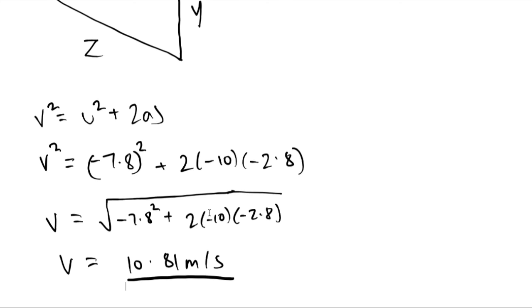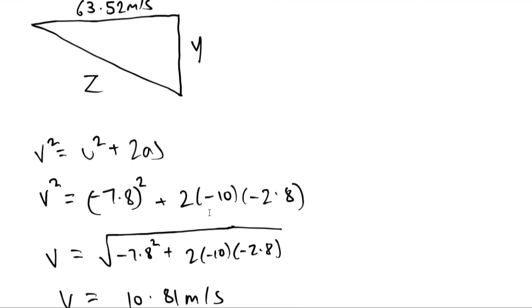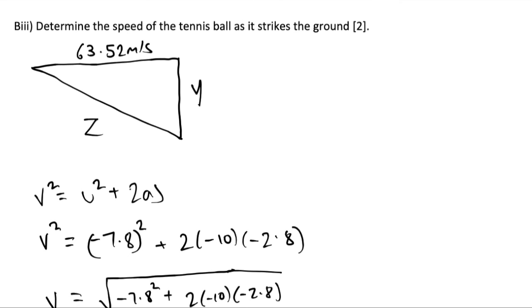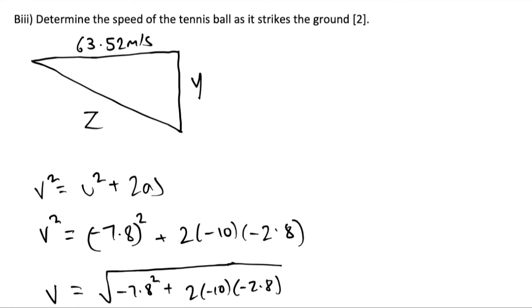So using this, let's resolve these velocities to find our resultant velocity. Let's go back. We now know this final vertical velocity, so let's substitute that in, 10.81 meters per second. Now using our Pythagoras' theorem, a squared plus b squared is equal to c squared, we can get our hypotenuse, which is our resultant velocity, which is what we want to find for this question.